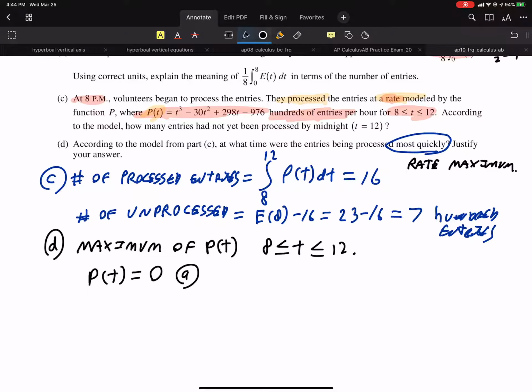So I'm going to graph this, and my window I'm going to make from 8 to 12 for my x min and x max because they tell us that's when they processed. I'll go from negative 10 to 10 for y and make sure I can see the graph adequately. That's actually pretty perfect.